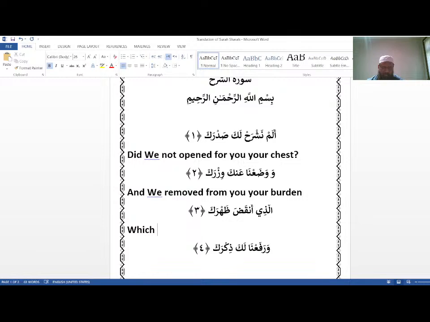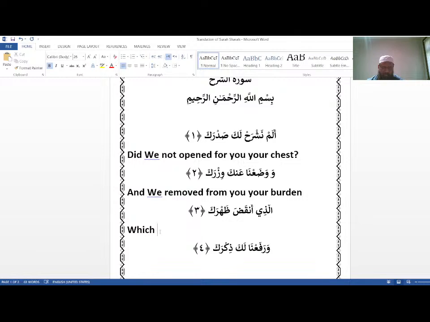Huwa is the fa'il. We can see ظهر in halatul nasab, which is the maf'ul. The word ظهر means back. Anka, which is damir mudaf ilay, your back. ظهرك, your back.